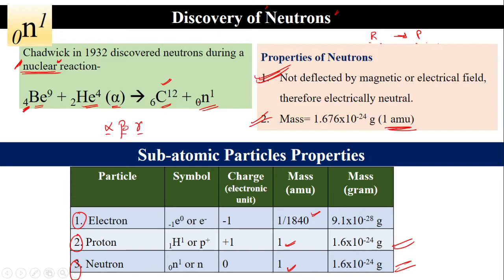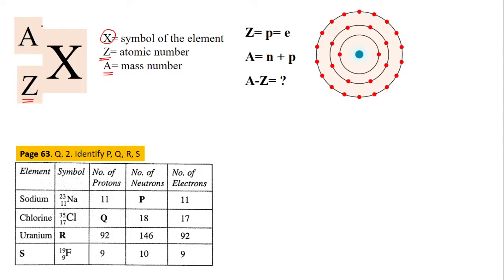Okay, subscript, superscript, up you are writing superscript, that is written as A, which stands for mass number, and in the subscript is Z, which stands for atomic number, and X is the symbol of any element it can be. Okay, A is the mass and Z is the atomic number. This is how you have to represent whenever you are writing the element.